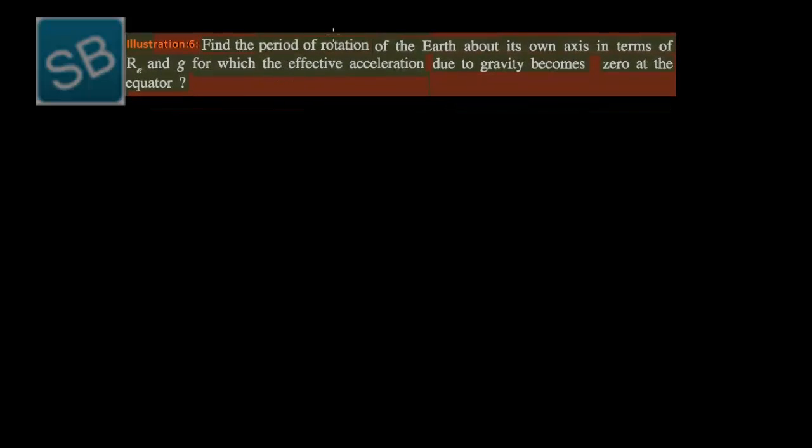We have to find out the period of rotation of the Earth about its own axis in terms of RE and g, that means in terms of the radius of the Earth and gravitational acceleration, for which the effective acceleration due to gravity becomes 0 at the equator. So first of all, we have to consider what the properties are at the equator.